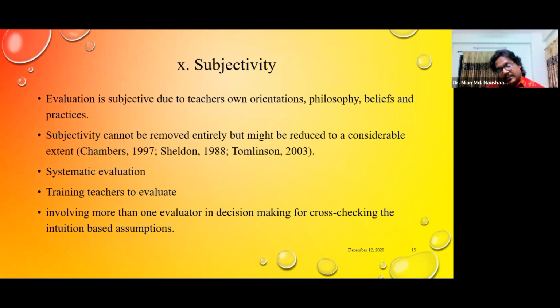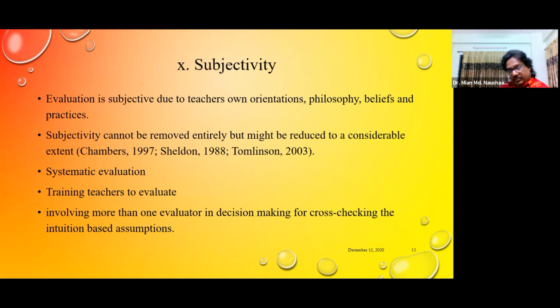They suggested that if the process of evaluation can be systematized, made more scientific, then probably we can reduce the elements of subjectivity from evaluation. Not only that, the people who will be involved in evaluation, particularly the teachers, also need to be trained so that they can evaluate the book less subjectively.